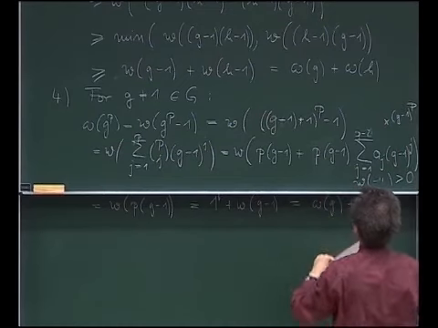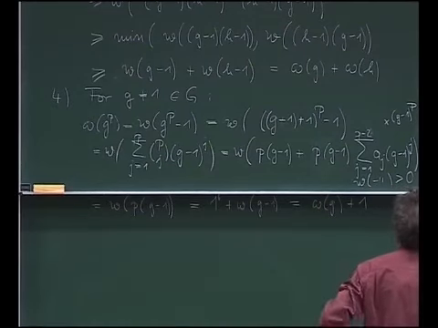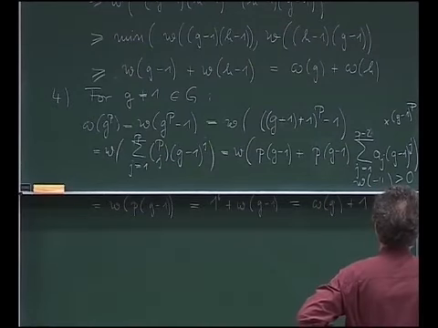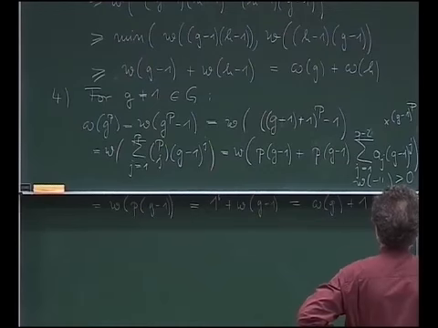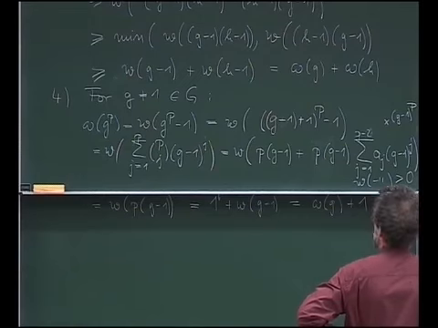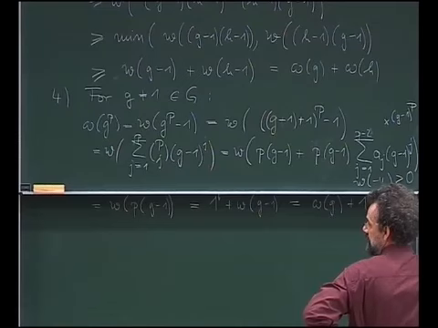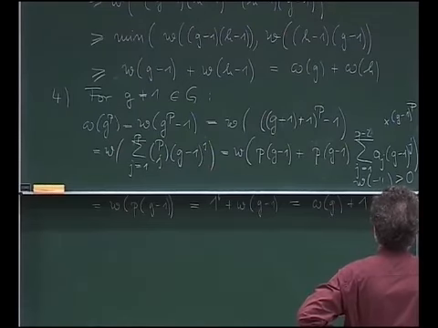So this is P minus 2, and then I have plus G minus 1 to the P. That's at least P times omega of G, which is not sufficient for the argument.